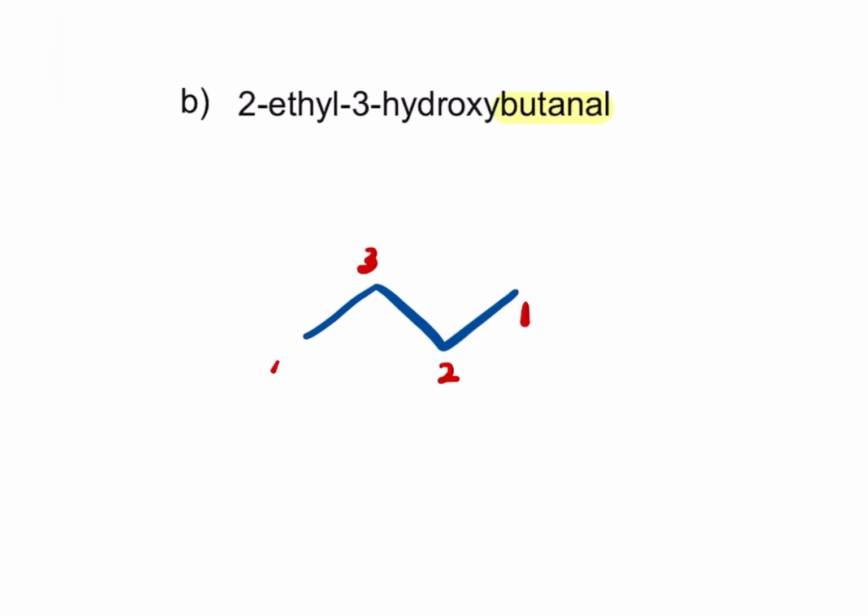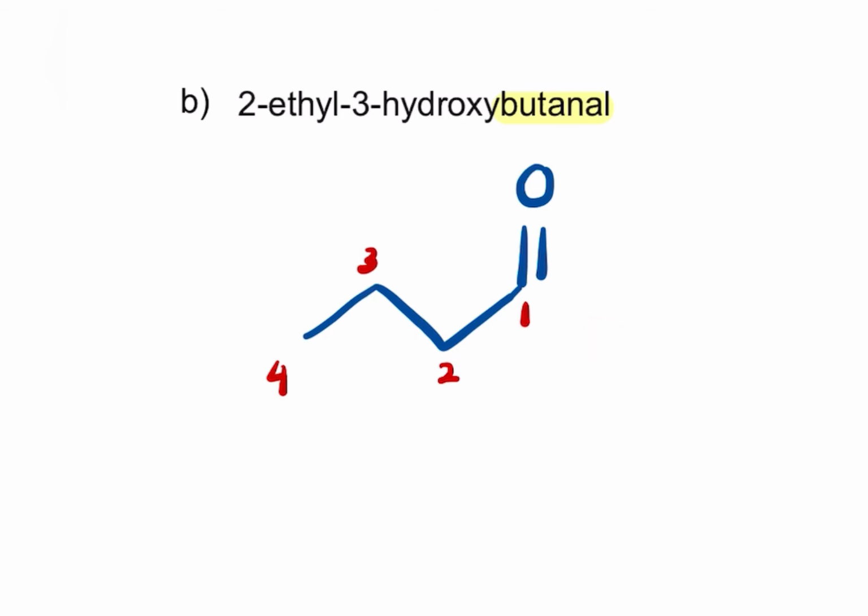This is my numbering, and the first carbon will always be the one that has the double bond O. I'm drawing in skeletal, so that's why I'm not showing the hydrogen atom here. But I hope you understand there is actually another bond here, which is the one attached to hydrogen. I just don't want to show it.